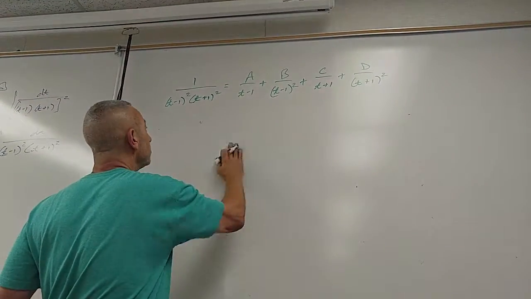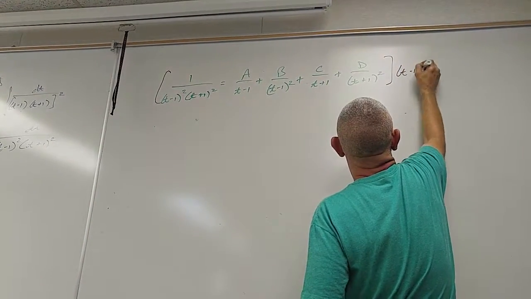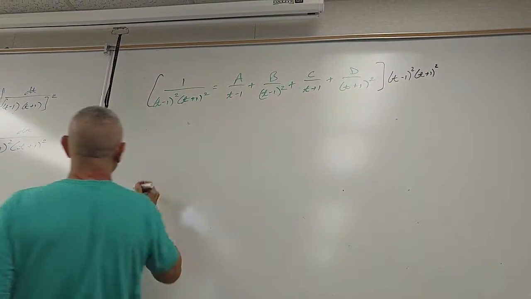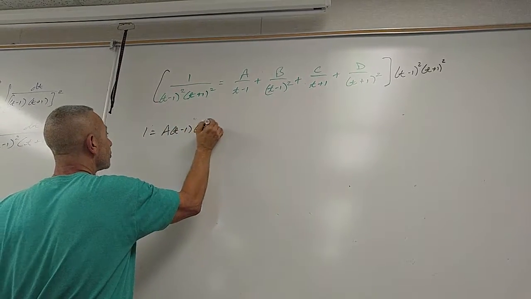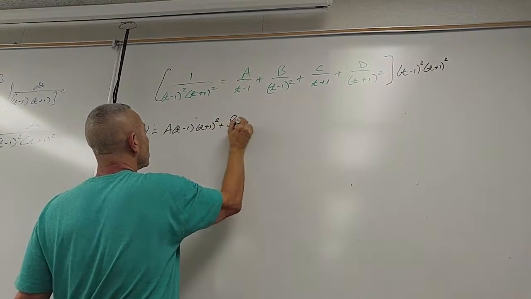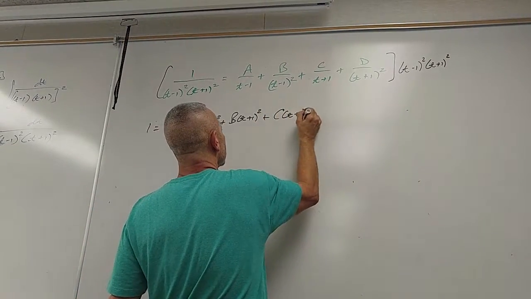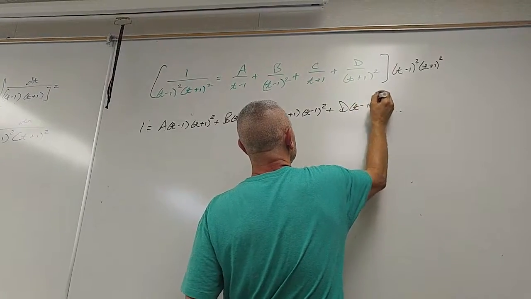Okay, so now I'm going to multiply both sides by the LCD, t minus 1 squared, t plus 1 squared. And so we get 1 equals A times t minus 1 t plus 1 squared plus B times t plus 1 squared plus C times t plus 1 t minus 1 squared plus D times t minus 1 squared.